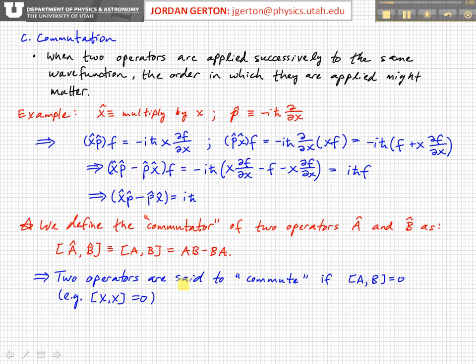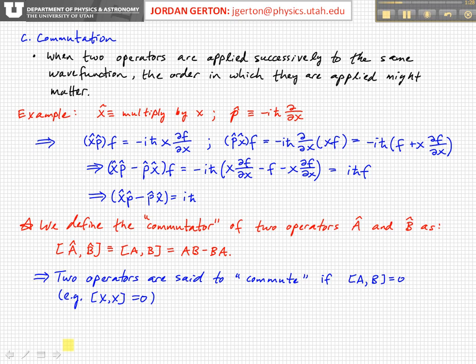Two operators are said to commute if their commutator [A, B] is equal to 0. A simple example would be applying the x operator twice. If we apply x twice, it doesn't matter which order we do it in; it's the same, so we know that's going to be 0.